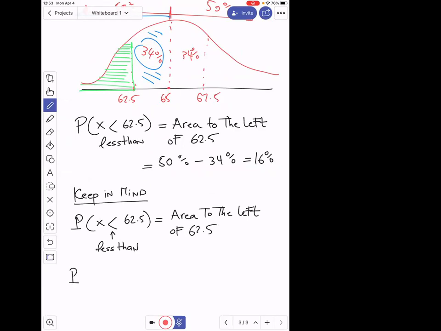So when I say the probability that X is larger than or more than 62.5, that will be the area to the right of 62.5.